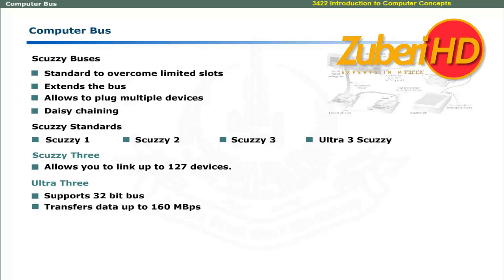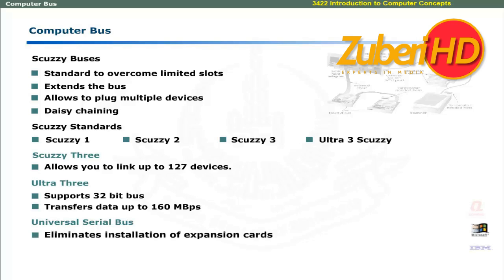Another most modern bus standard introduced by Compaq, Microsoft, IBM and other industry leaders is Universal Serial Bus. Some features of USB are to eliminate the need for installing separate expansion cards, plug and play feature.